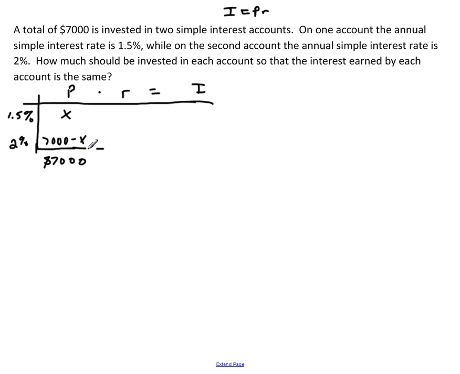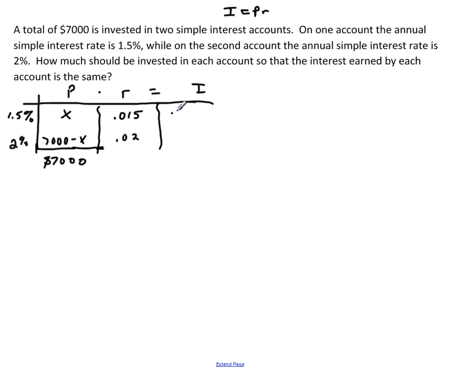Now our interest rates, well, that's an easy one. In our rate column, we just put the decimal form of our percentage: 0.015 for 1.5% and 0.02 for our second account. And what does that mean? Well, if principal times rate equals interest, this graphic organizing table tells us to multiply across.